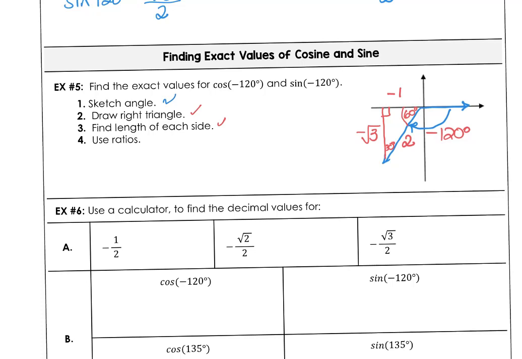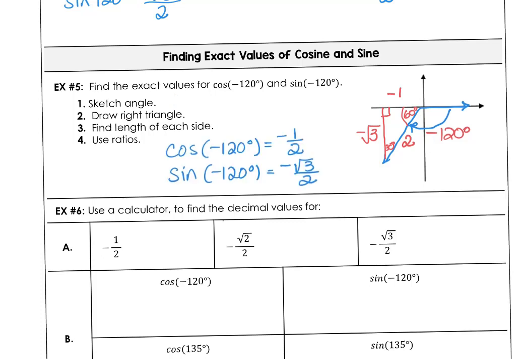The cosine of -120 is adjacent to hypotenuse, and the sine of -120 is the length opposite divided by the hypotenuse.